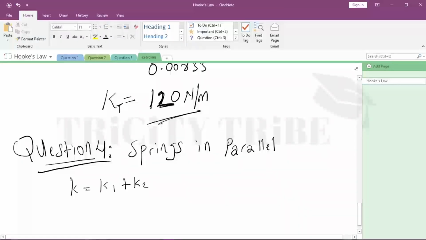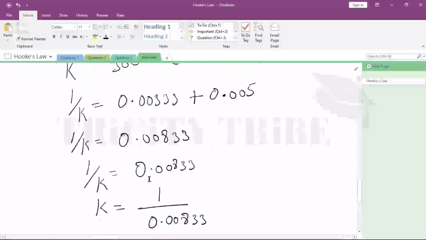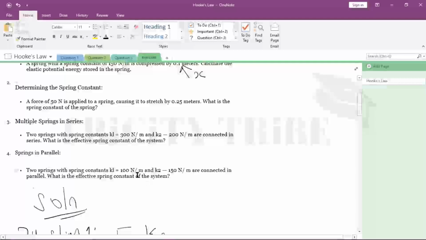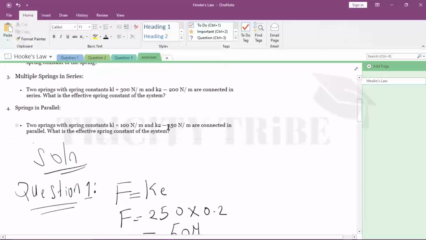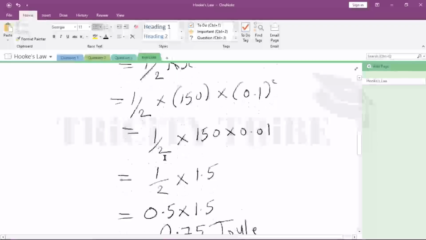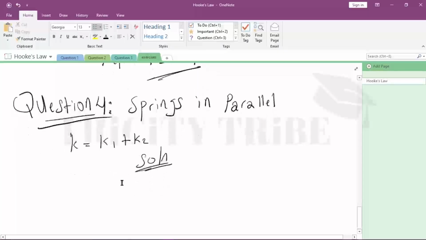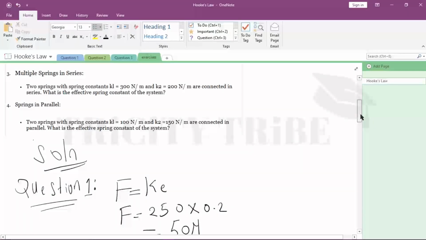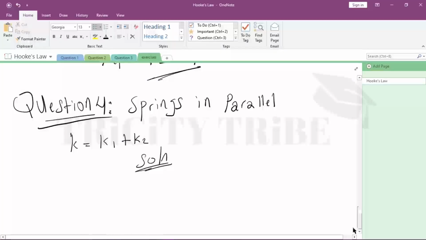So let's go check the question once again. Two springs, 100 Newton per meter and the other 150 Newton per meter. Sorry, this is not minus, this is an equal sign.